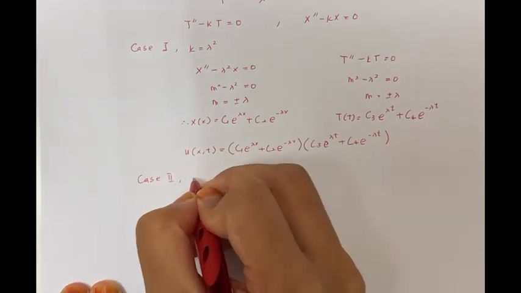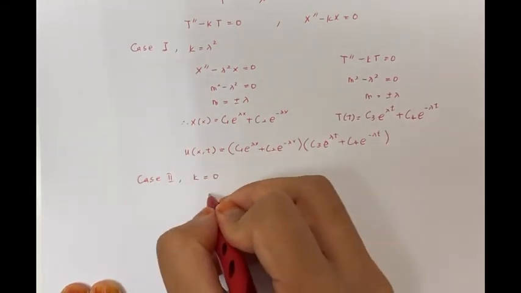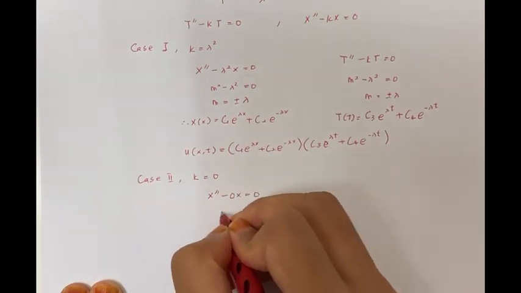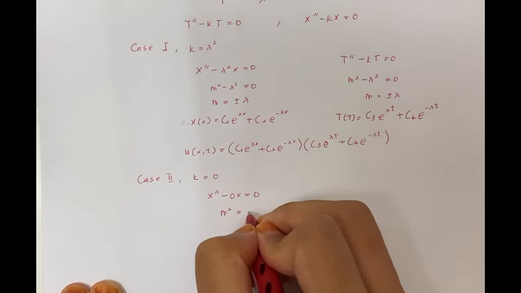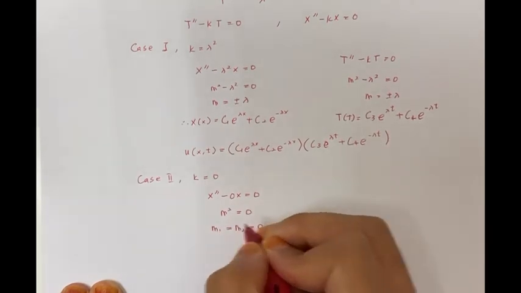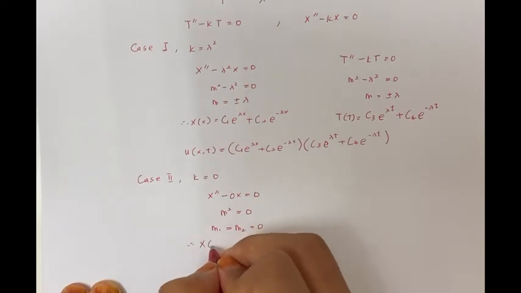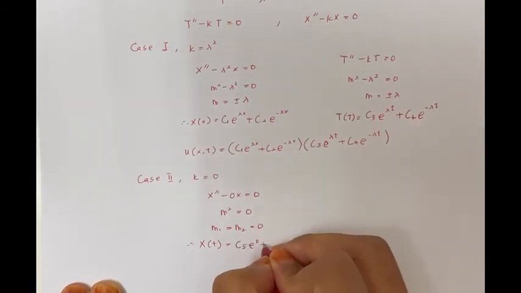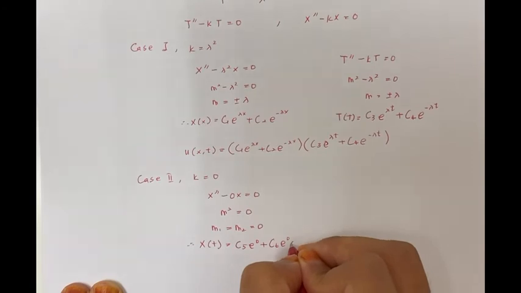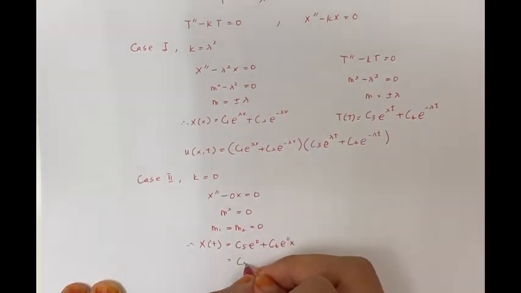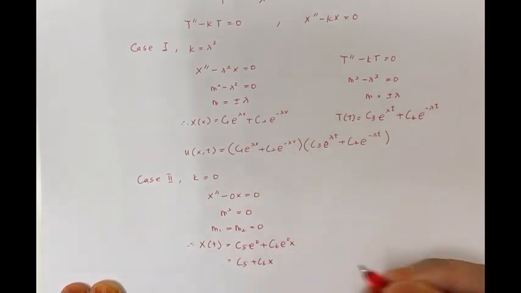Case 2, when k equals 0. Again, you have X double prime minus 0 X equal to 0. Your two roots are equal to 0, so m1 equals m2 equals 0. Real but repeated. So you have C5 exponent 0 plus C6 exponent 0 x, so you have C5 plus C6x.